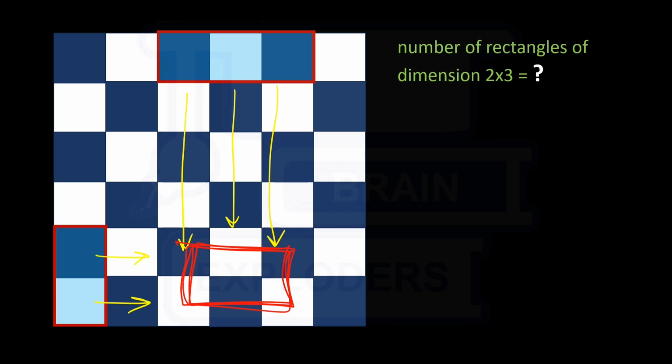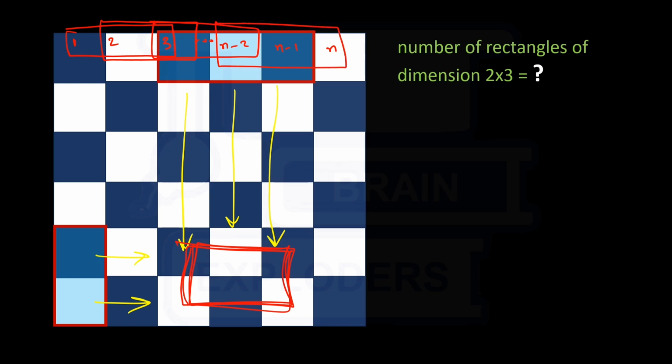Okay, now if we number these 1, 2, 3 and so on up to n minus 2, n minus 1 and n, we see that the possibilities for length are 1 2 3, or 2 3 4, or 3 4 5 and so on up to n minus 2, n minus 1, n.